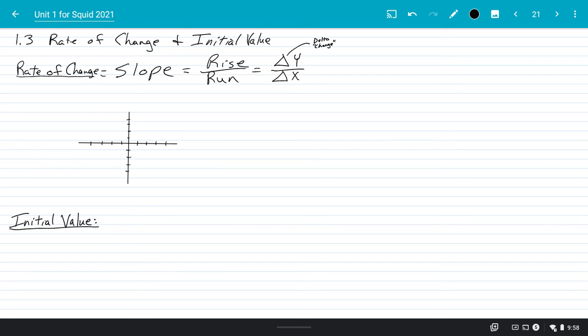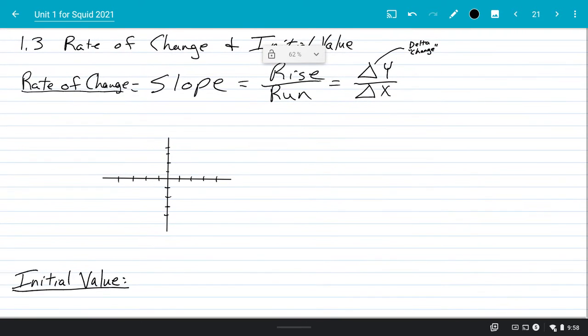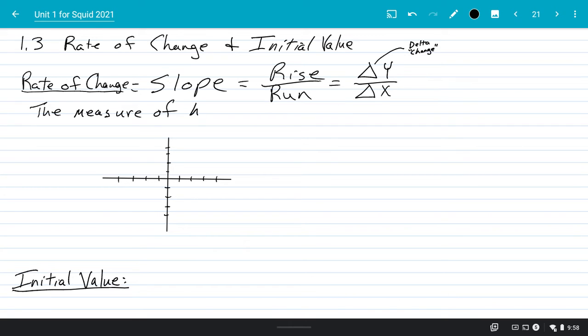How did your book define rate of change? The measure of how quickly something changes.